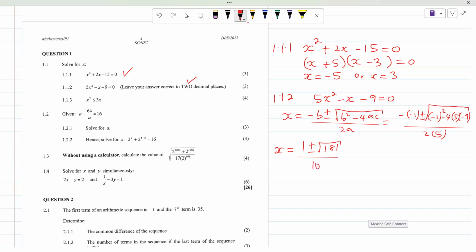What are the answers to this? There are 2 results at the end. If you use a calculator, choosing the positive one gives x equals 1.45, and the one with the negative is going to be x equals minus 1.25.